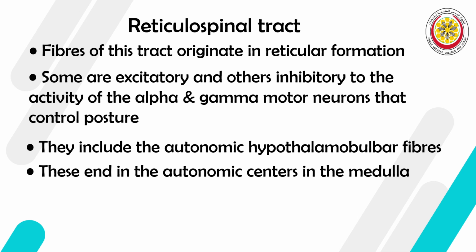The reticulospinal pathways include autonomic hypothalamo-bulbar fibers. What do we mean by that? Why do we need autonomic hypothalamo-bulbar? Some of the fibers come with them. They actually originate in the hypothalamus and they accompany them to autonomic components.